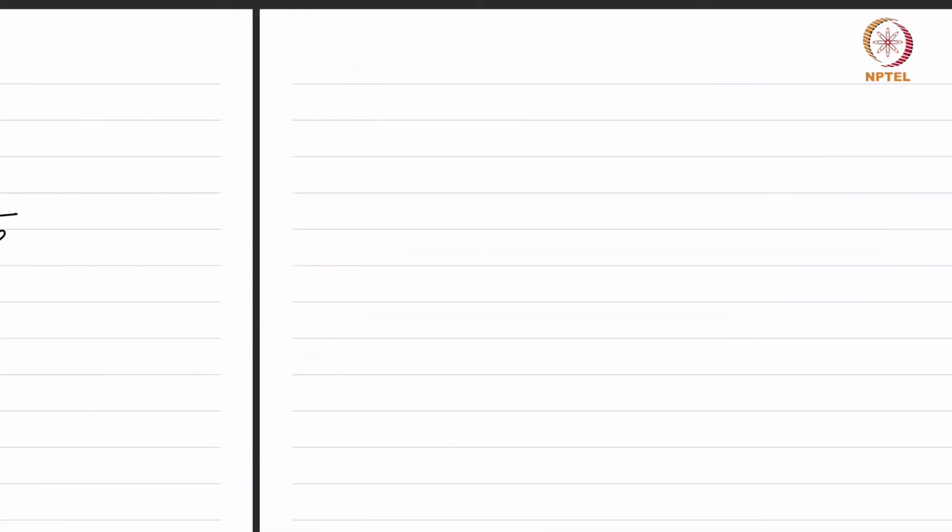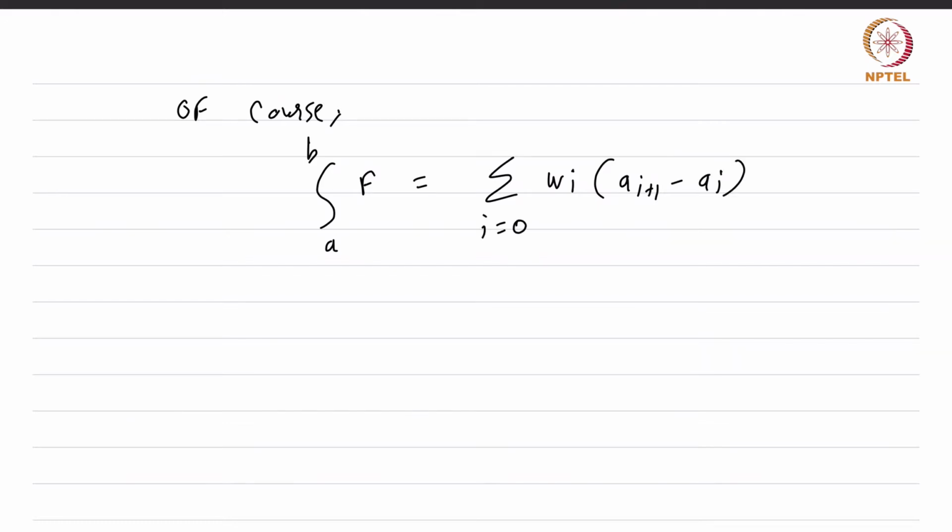Now of course, from the theory of the Riemann integral that we are now very familiar with, it's clear that the integral from a to b of this step mapping f is nothing but the summation of wi times (ai+1 minus ai), where i runs from 0 to n minus 1, and wi is the value of f restricted to (ai, ai+1).